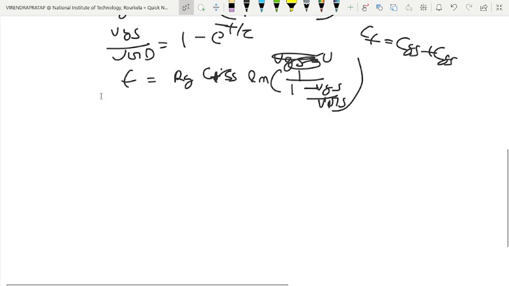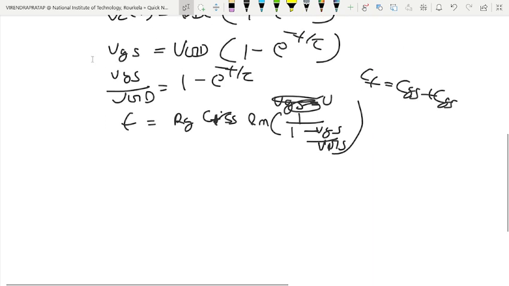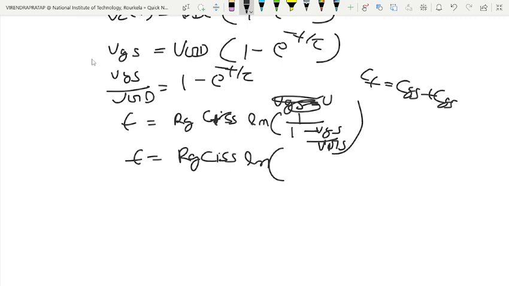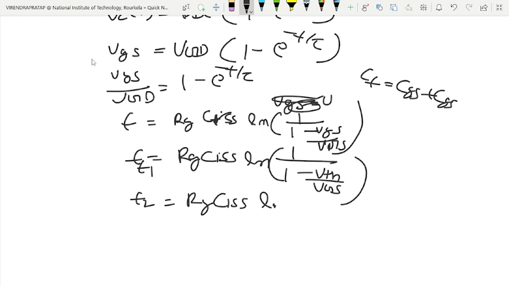We can put here directly VGS. How much is the VGS value here? Basically, it is going to be minus the threshold value of VGS. This is T1. Like T2, we can find using RG, CISS, ln. Here, 1 minus, sorry.